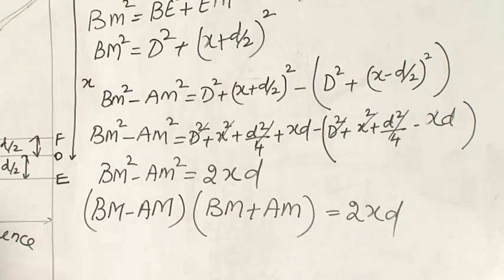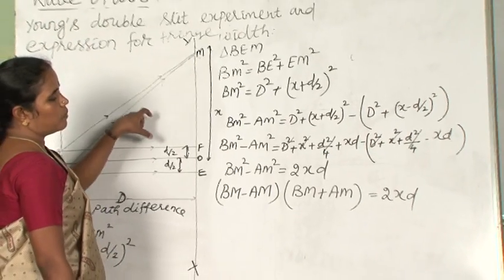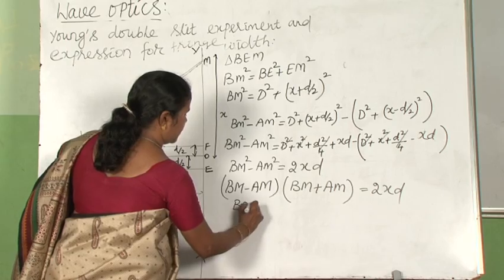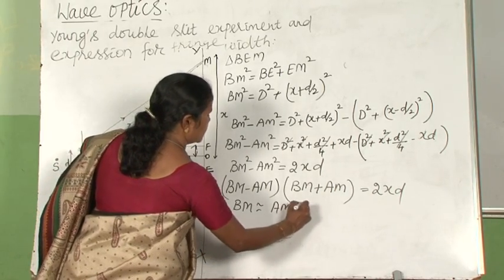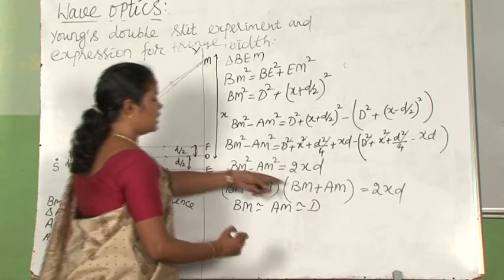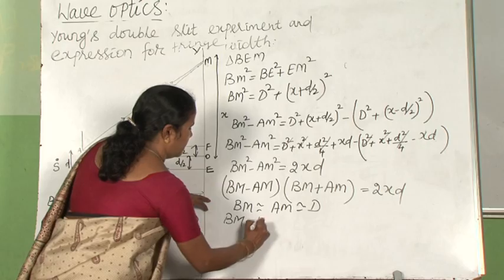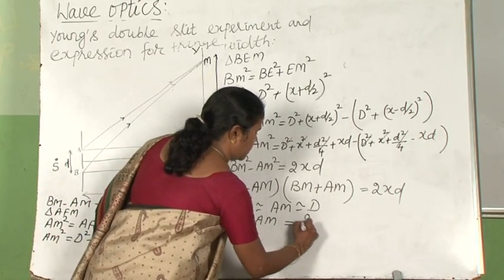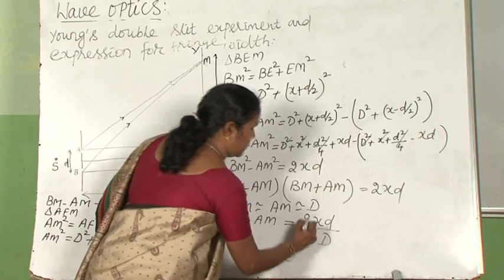Here, practically all the points, this point M will be lying very close, so BM and AM approximately we can take as D. So, this will be 2D, and BM minus AM is equal to 2xd by 2D.